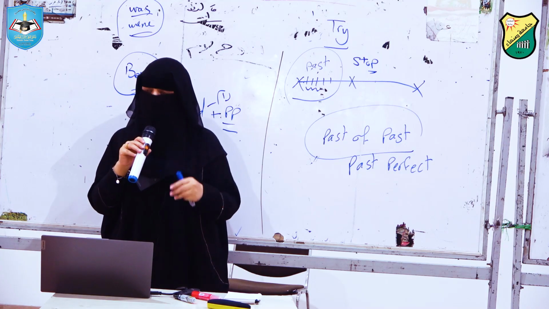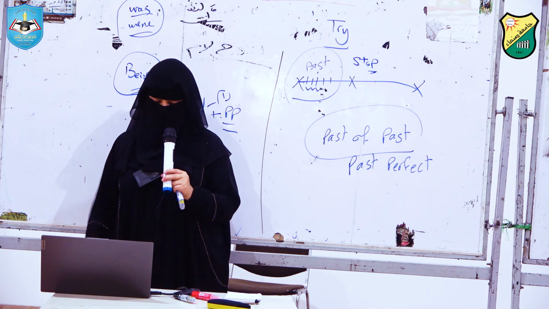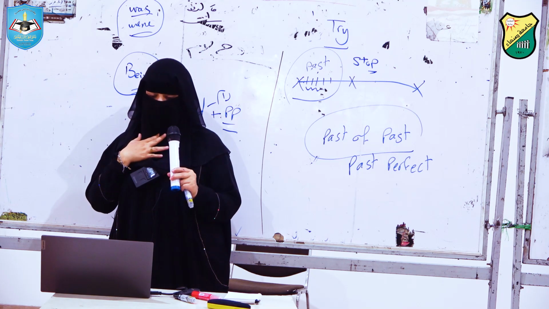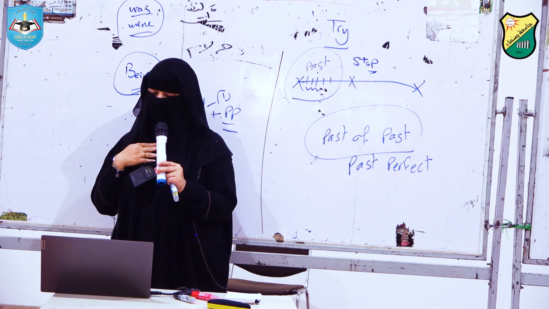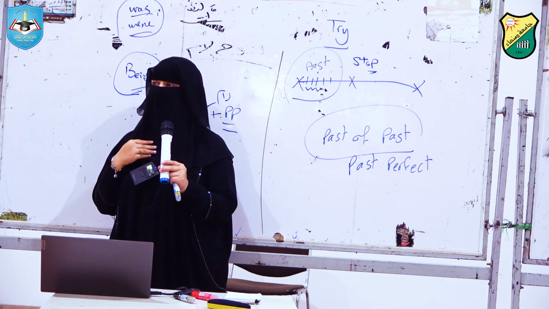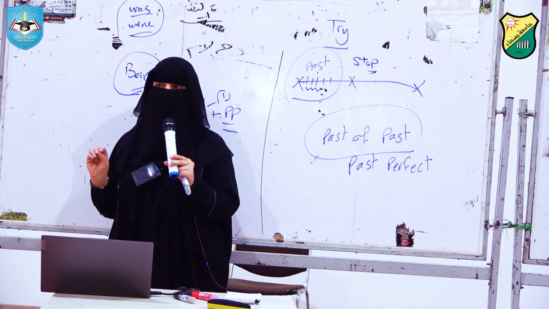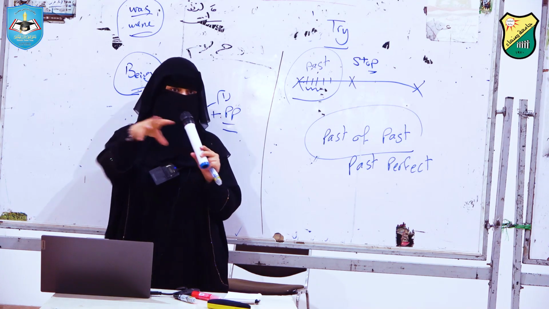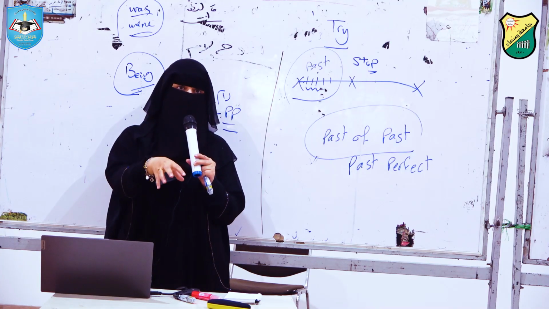Okay, so you have many examples here, many sentences. I will just give you one more sentence. When we got home last night, we found that somebody had broken into the flat. Look at the sentence. When we got home last night, we arrived last night.